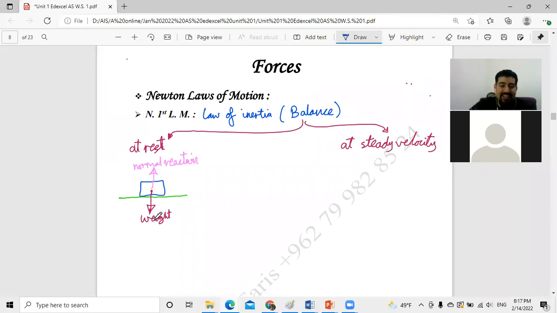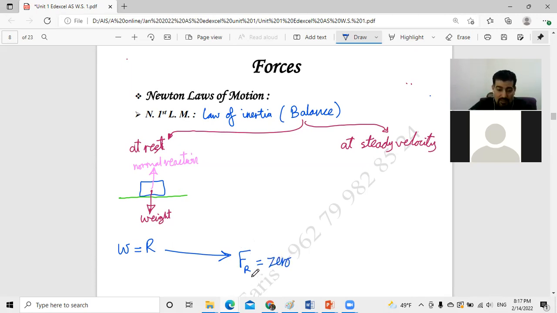Since the object is at rest, they are equal. The weight is equal to the normal reaction force. So how much is the resultant force on this object? Exactly, zero.